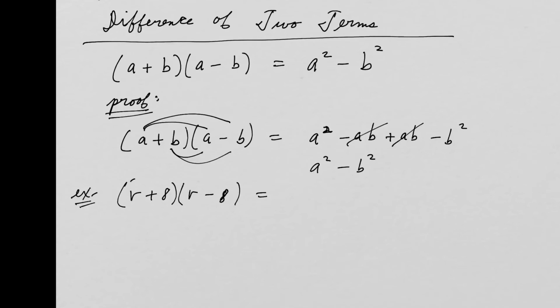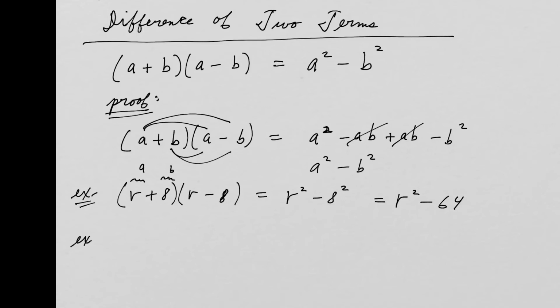In fact, if you want, you could say a is like the r and b is like the 8 because it's a plus b, a minus b. So what is the answer going to be? Well, it's going to be a squared minus b squared. But what is 8 squared? That's 64. So it's r squared minus 64. And then you're done. So it's just quick if you remember this one rule.